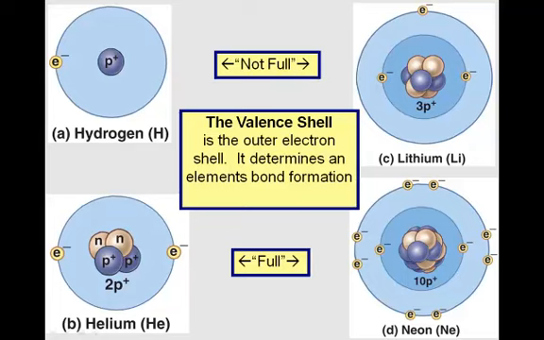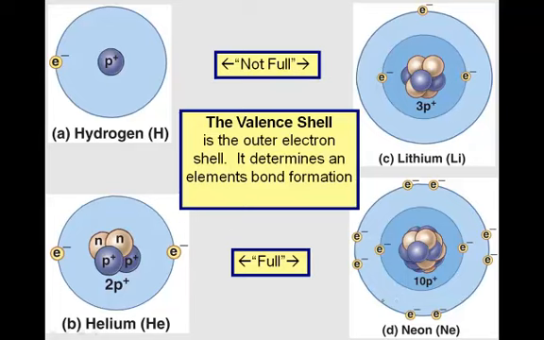So when the outer shell is full, as long as it's not just the first shell, if it has more than one shell and the outer shell is full, you will have 8 electrons in that outer shell. Now there's some variation which you'll learn about later on when you take chemistry, but for our purposes we're going to stick with 8 as the number for a full outer shell of electrons.